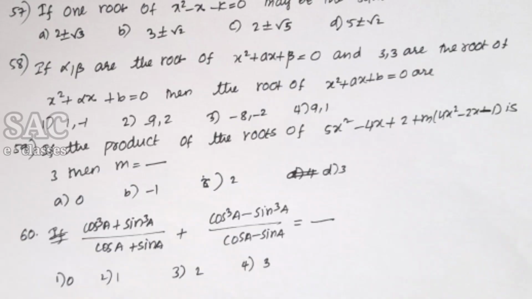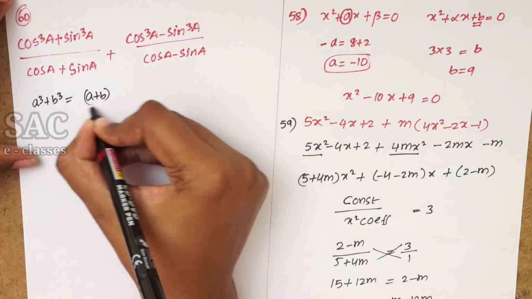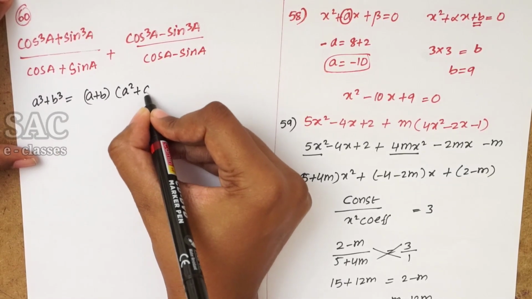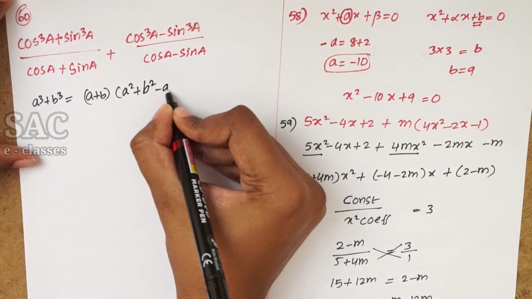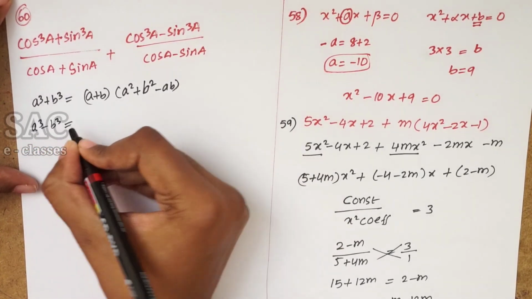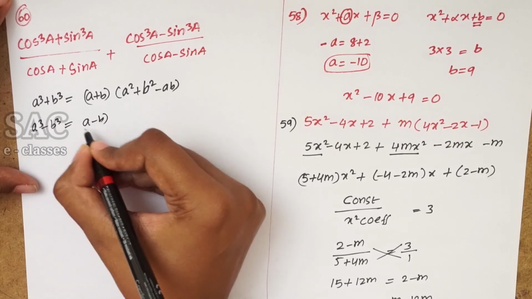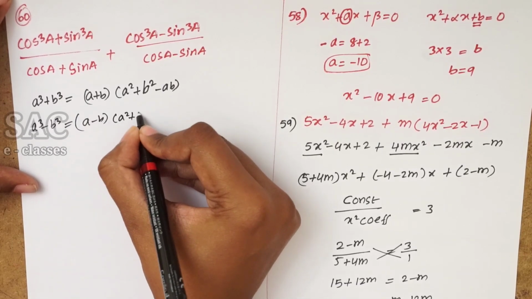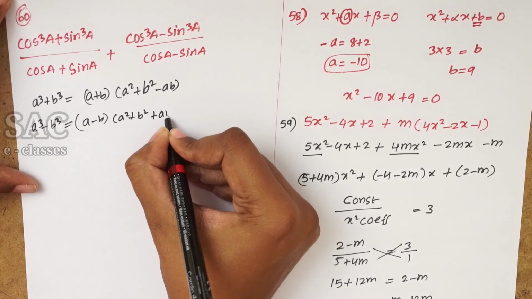Now look at problem number 60. Cos cube a plus sin cube a by cos a plus sin a. We all know that a cube plus b cube can be written as a plus b into a square plus b square minus ab. In the same manner, a cube minus b cube equal to a minus b into a square plus b square plus ab.